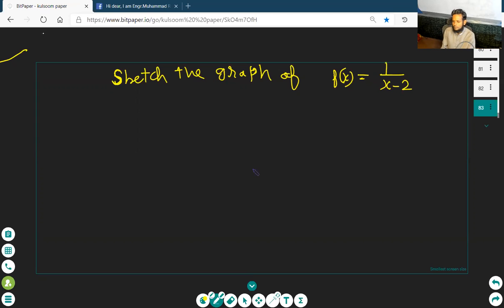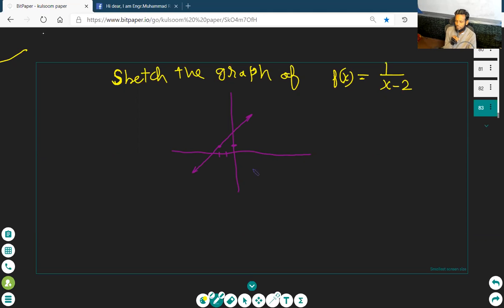Can you solve it? First find the hole or asymptotes, okay?